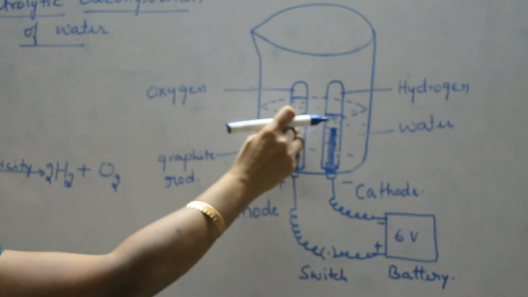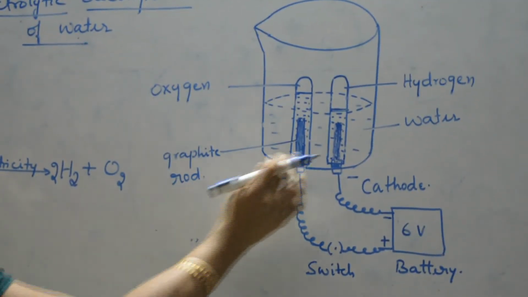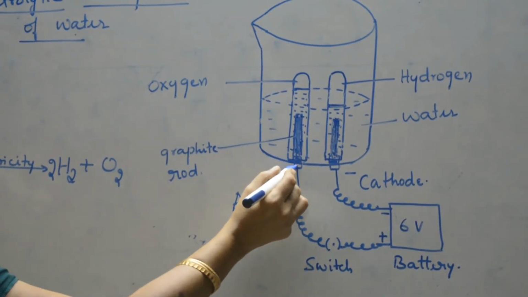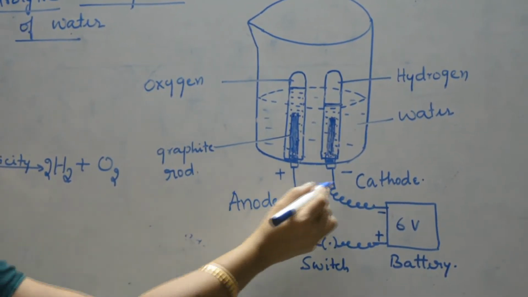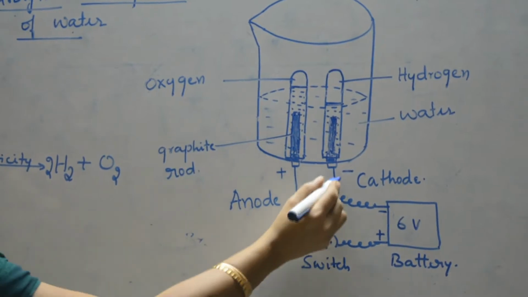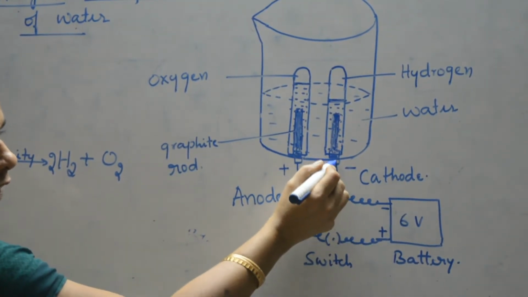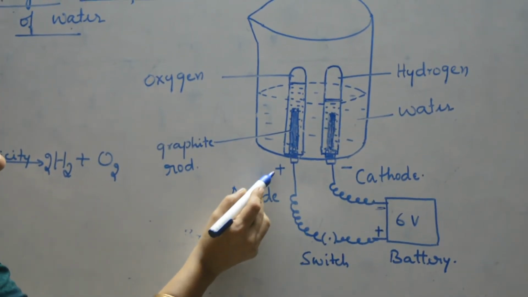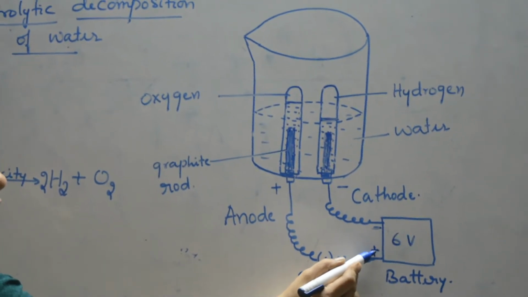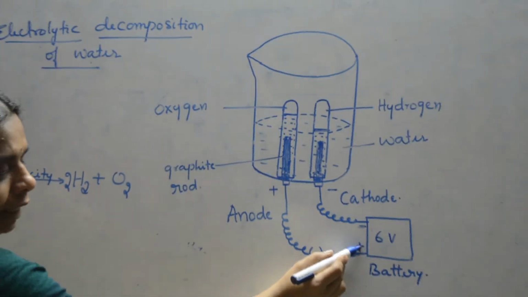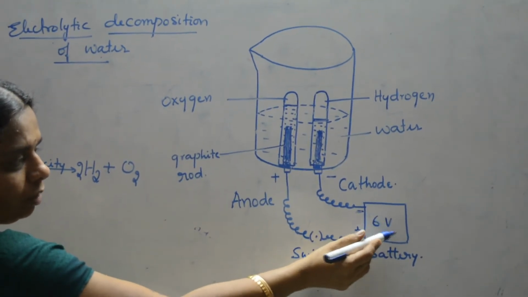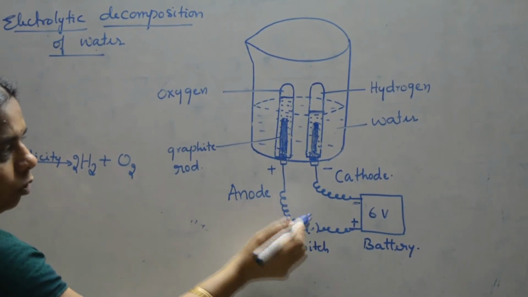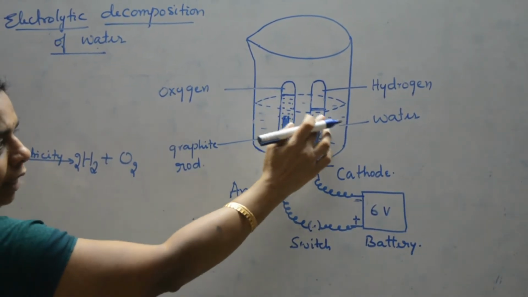Next we fit two graphite rods as electrodes here, called the anode and cathode. The cathode is the electrode fitted to the negative terminal of the battery, and the anode is fitted to the positive terminal. We take a 6-volt battery, and once the switch is closed, electricity starts flowing in the liquid.